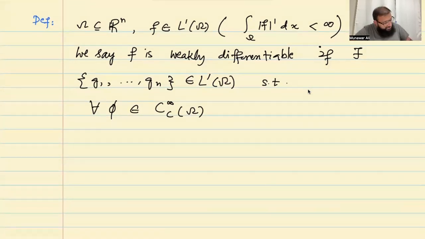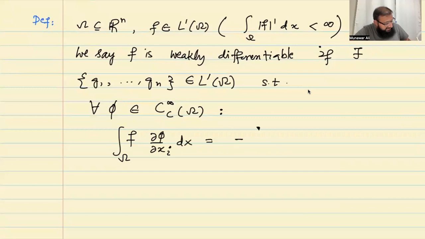So what happens is that if I take f and multiply it with the derivative of phi with respect to xi, and I integrate it over whole omega, it should be the same as the negative of the integral of gi times phi dx. Then we say that this f is weakly differentiable. But the question is, what is the weak derivative of f? The weak derivative of f with respect to xi is going to be gi.